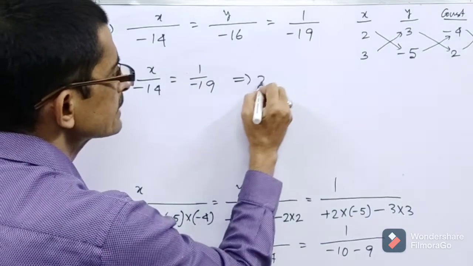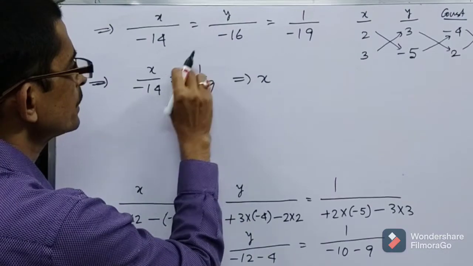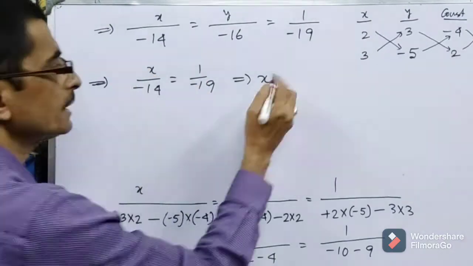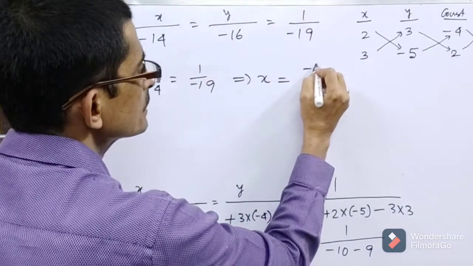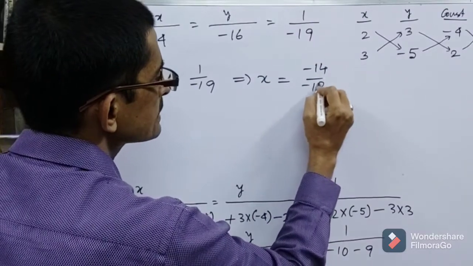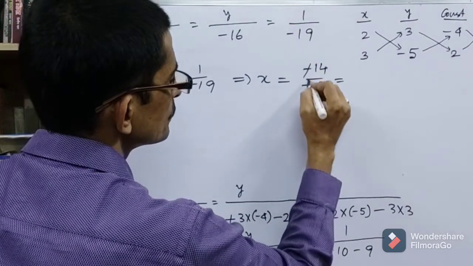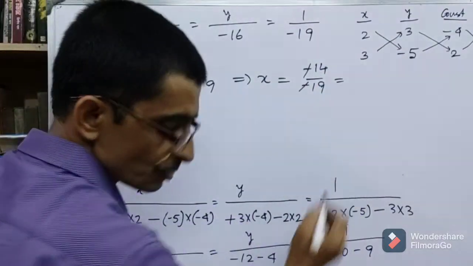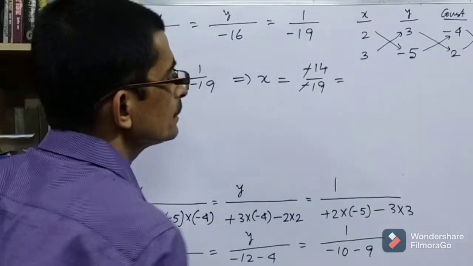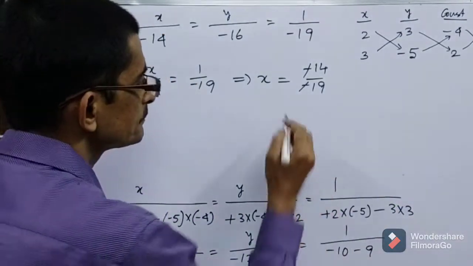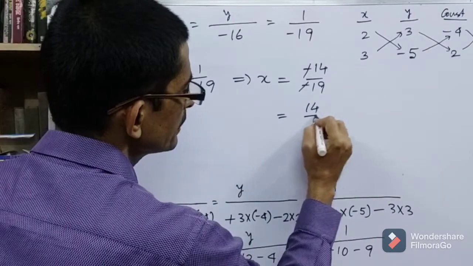So you have x is equal to, if you take minus 14 here, x will remain left in the left side, minus 14 divided by minus 19. So these two minus signs will cancel out and you have the answer like this, 14 divided by 19.